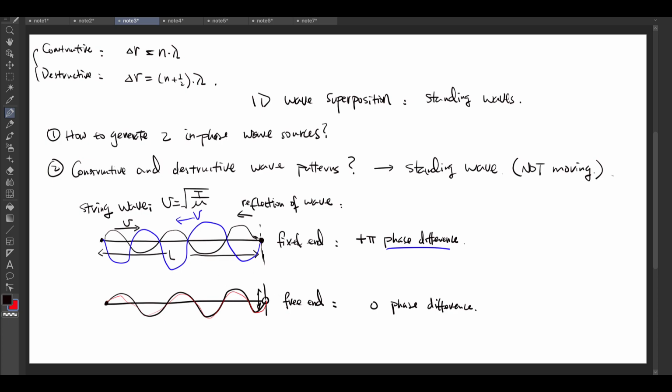Okay, so this one is less interesting. We need something different here to create some kind of pattern, which we call standing wave. So that's why let's focus on this one. Focus on the fixed end wave reflection. And then there we have two waves that differ by a pi phase difference. And an interesting thing can come from there. So let's see.